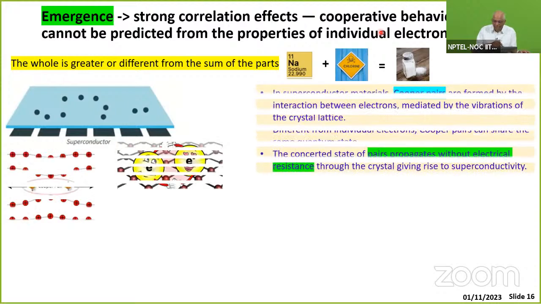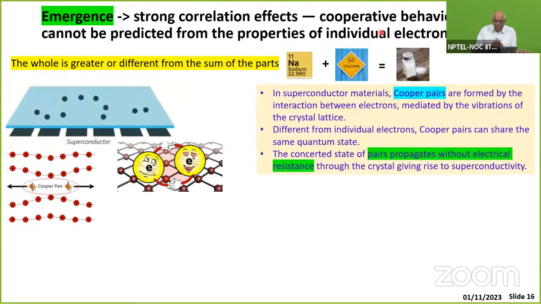Superconductor, particularly the high temperature superconductor, the Cooper pairs are formed from the interaction between electrons. So that's a cooperative behavior. Of course, that cooperative behavior is mediated by the vibrations, the phonons of the crystal lattice. But different from the individual electrons, the Cooper pairs can share the same quantum state.